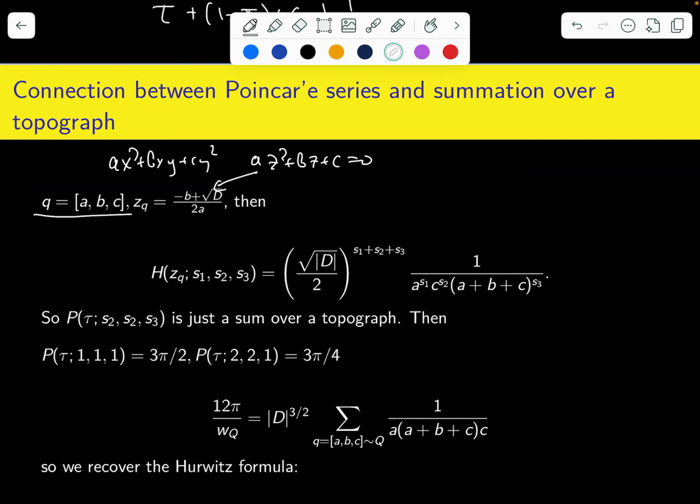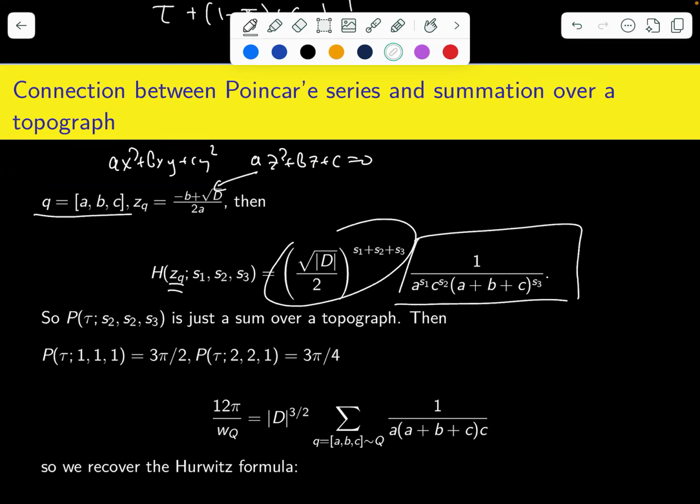And then if you plug this root into this Poincare series, you have some constant times this thing. And here you have a, c, a plus b plus c. Okay, and that's h, right? And then you need to compute p.